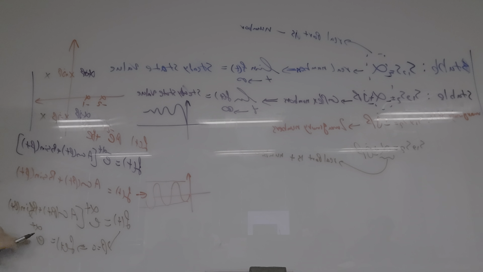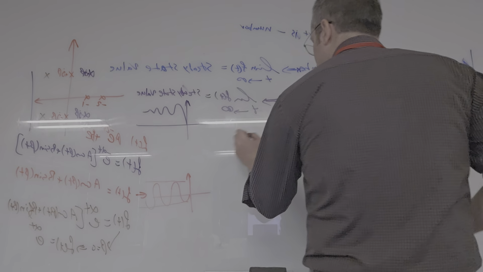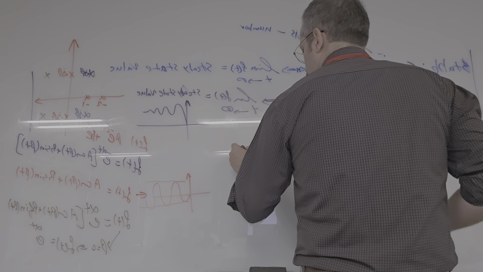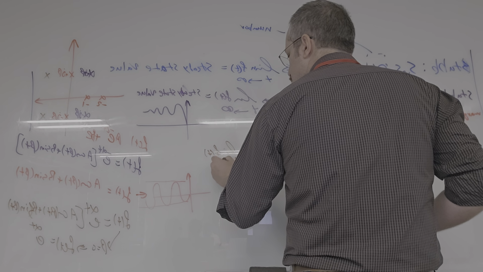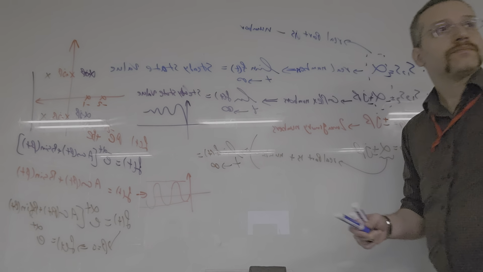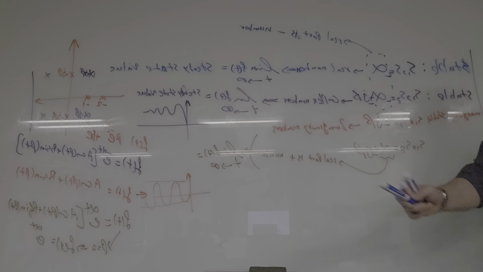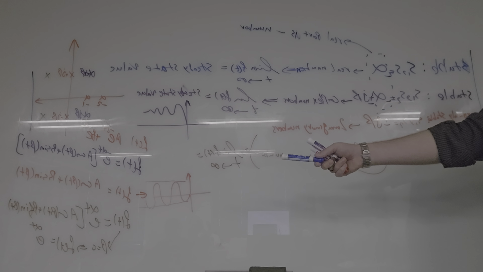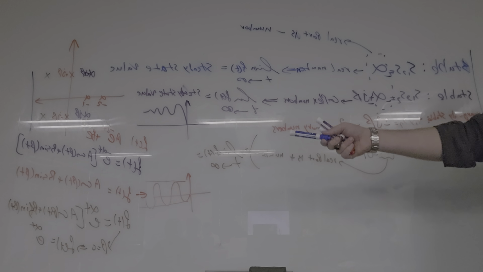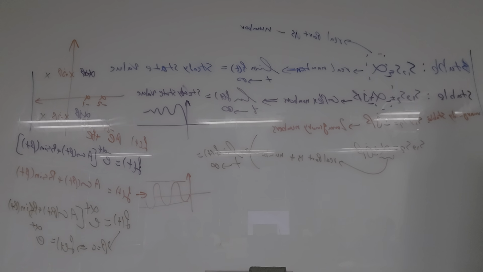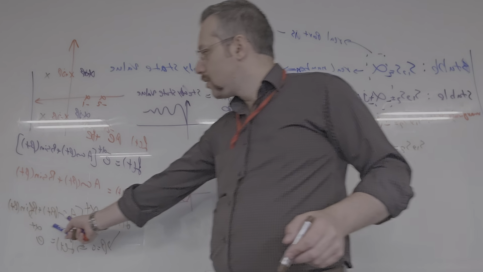Now, what is the limit of that f of t as t goes to infinity? What is the limit of e to the power of alpha t? Alpha is a positive number when time goes to infinity. This is positive.